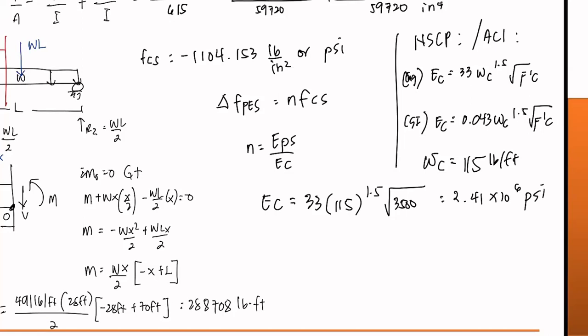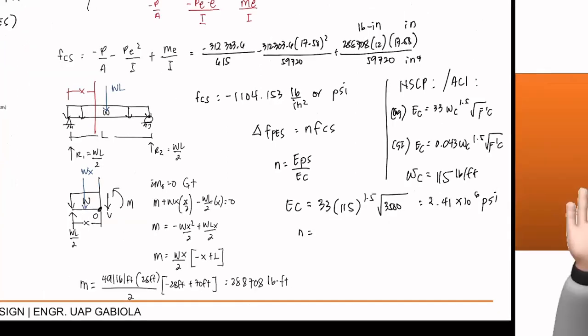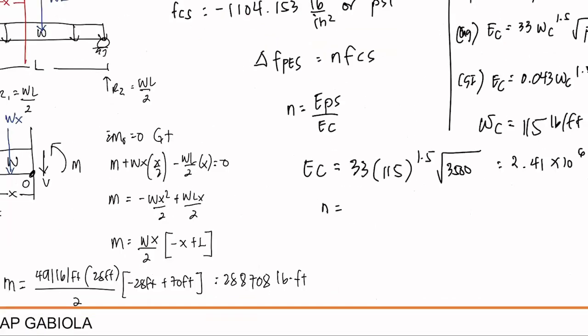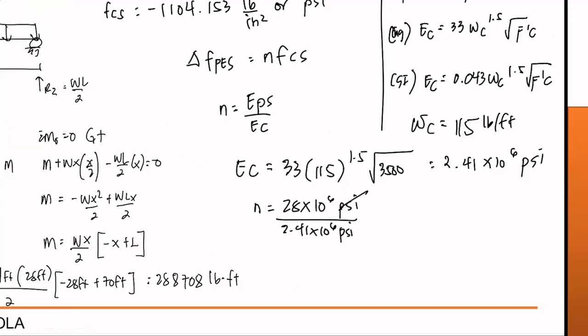Okay? So, ang N natin will be equals to EPS is taken dun sa previous page natin, which is 28. So, this is 28 times 10 to the 6 PSI over 2.41 times 10 to the 6 PSI. Cancel yung unit. So, yung ating modular ratio is 11.62.